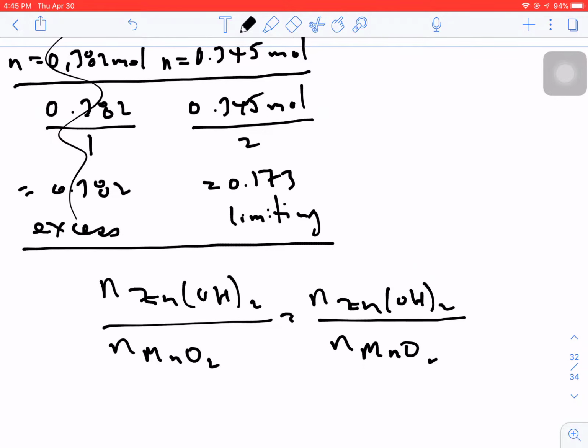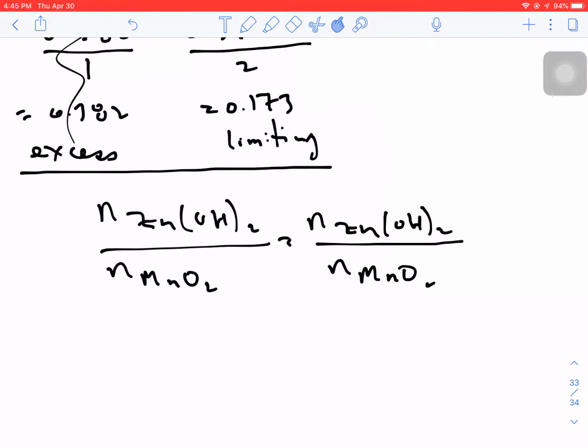Again, remember, this side here comes from the balanced equation. This side here is about my question that I'm solving. So, if I just scroll up a little bit here, my number of moles of zinc hydroxide is unknown.